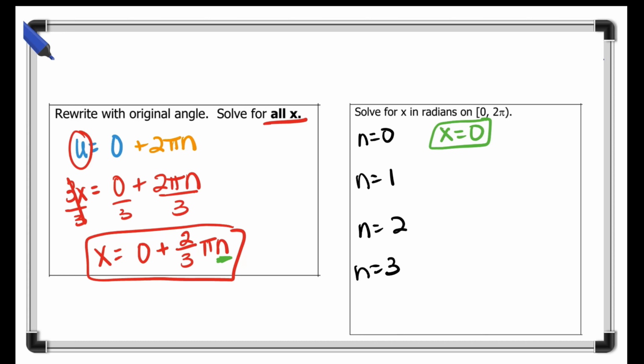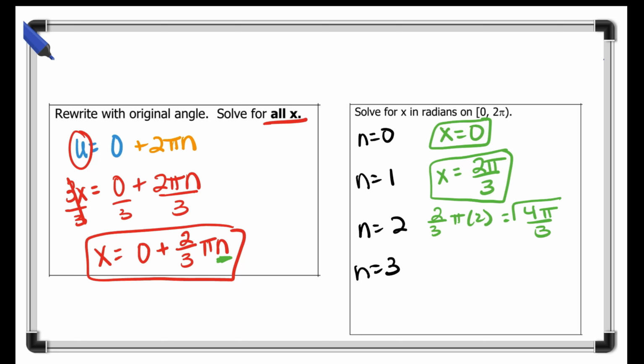When n is 1, I'm going to get 2 pi over 3. When n is 2, multiplying 2 over 3 pi times 2 gets me 4 pi over 3. There's another angle.